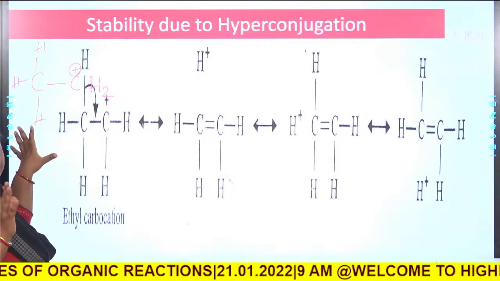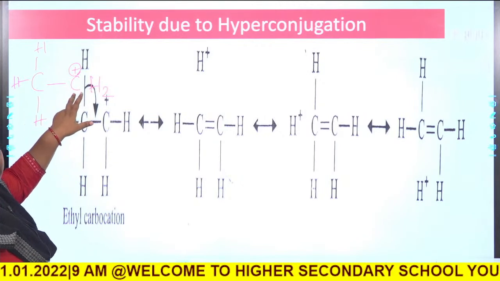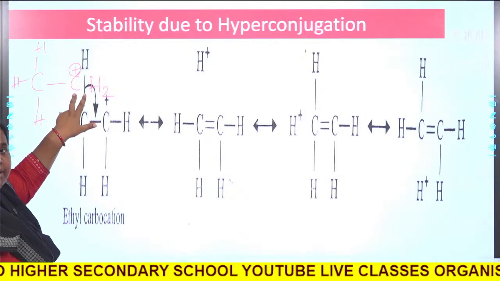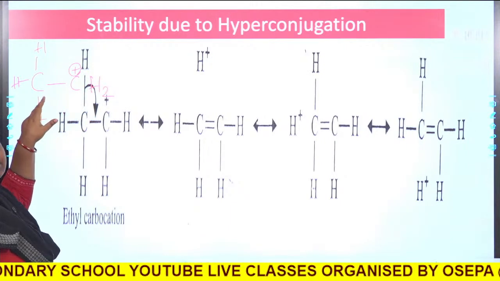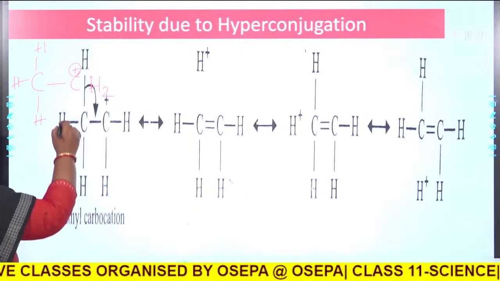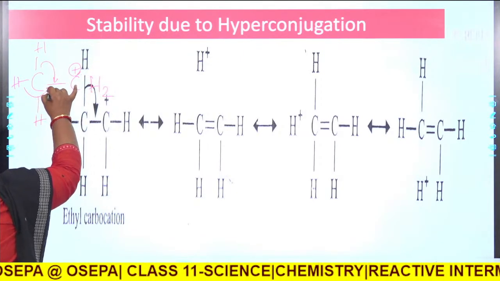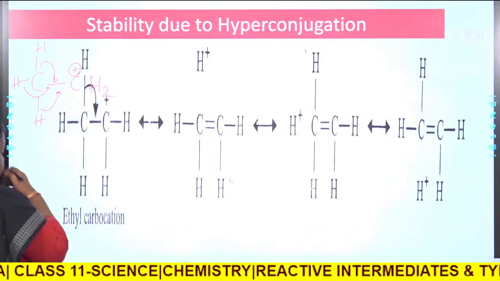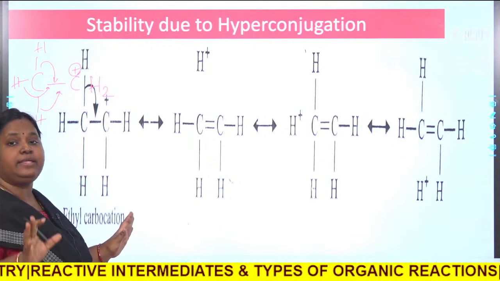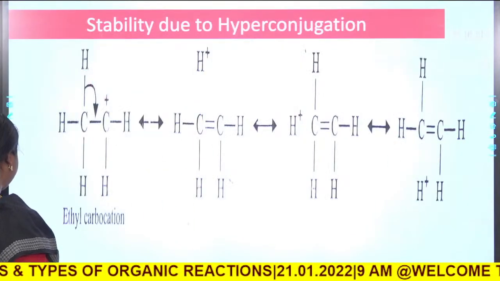What is the definition of alpha hydrogen? The carbon which is directly attached to a positive charge carbon is called alpha carbon, and the hydrogens which are attached to that carbon are called alpha hydrogens. So, there are 1, 2, 3. So, for ethyl carbocation you can write 3 hyperconjugating structures.